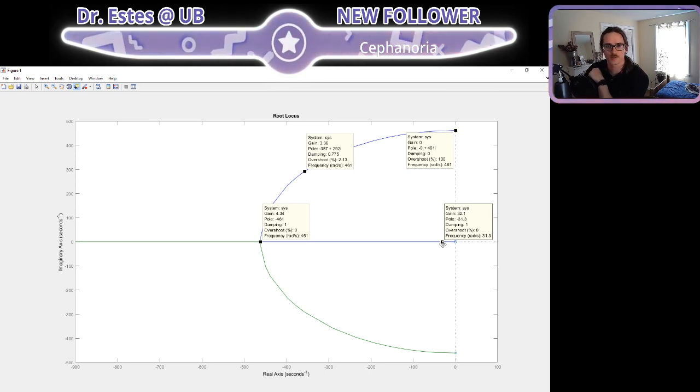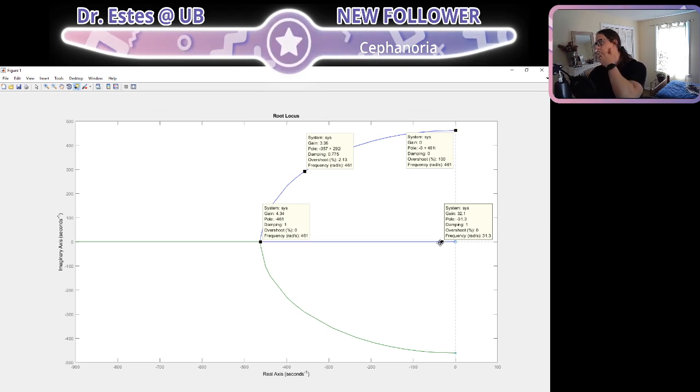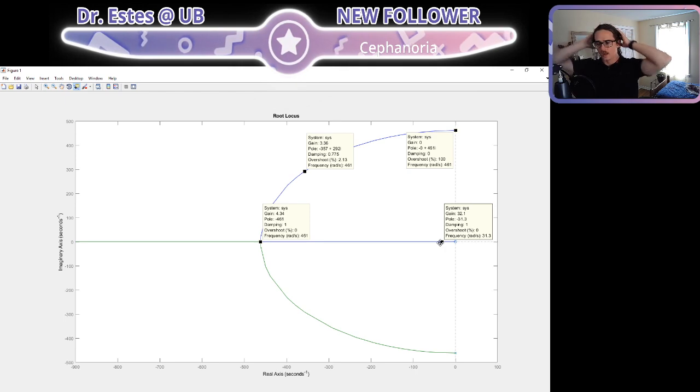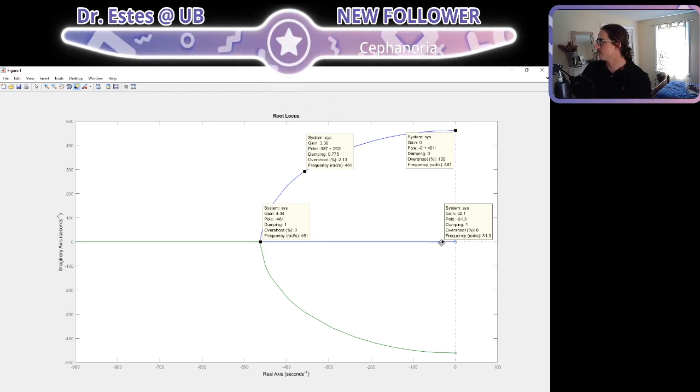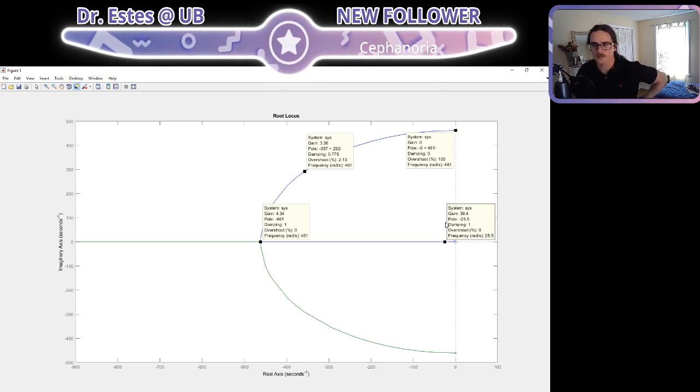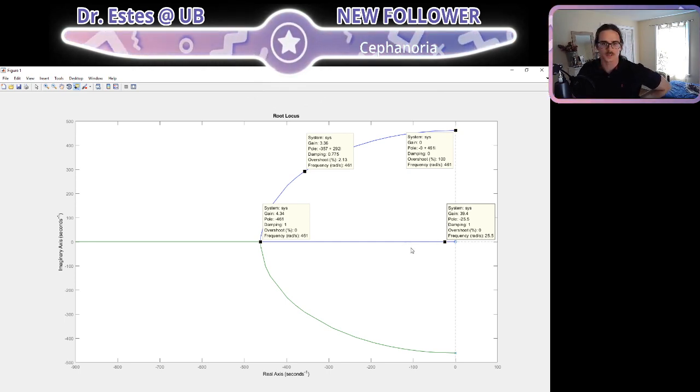So this is kind of where our resistance was. And it seems like the resistance is even a little bit more in real life. So maybe it's closer to 40. And that would make our system a little bit slower, because the closer you get to that imaginary axis, the slower your roots get.